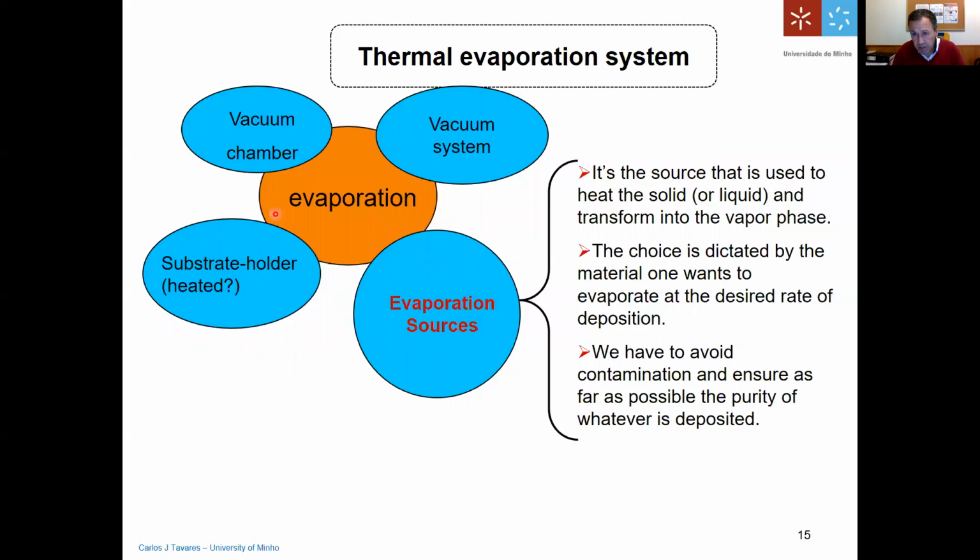The choice is dictated by the material one wants to evaporate, and also the desired rate of evaporation. So for certain elements or compounds that we want to evaporate, we have to choose which type of evaporation source is more appropriate. We have to avoid contamination and ensure, as far as possible, the purity of whatever is deposited.